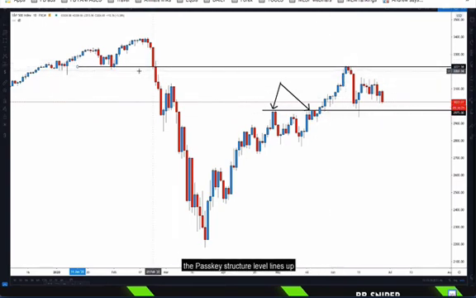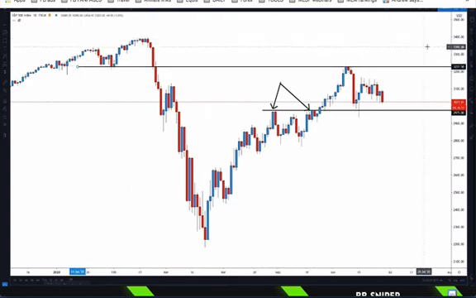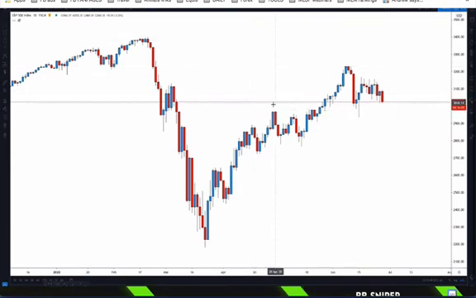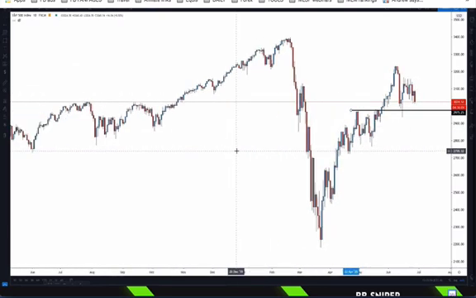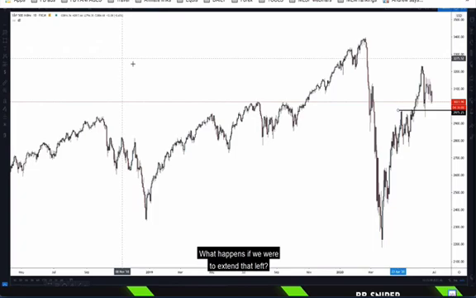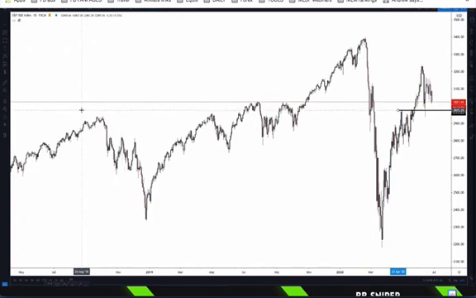Is it a coincidence that the past key structure level lines up near 3225, another quarter level? Let's not make any assumptions. Bringing our attention back to 29.75. What happens if we were to extend that left?